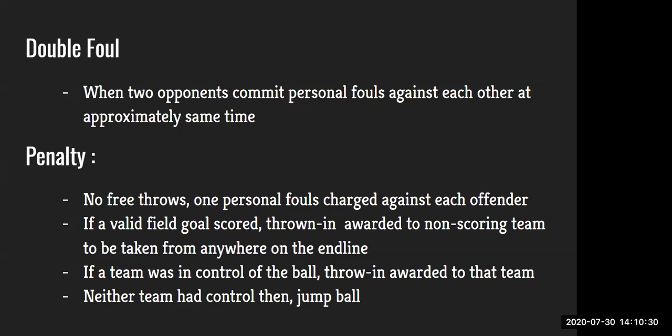If a team was in control of the ball when the foul happened, the ball is returned to that same team. And if neither team had control of the ball, so if it was a loose ball, then a jump ball is done to decide who gets the ball.